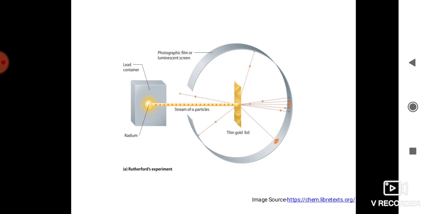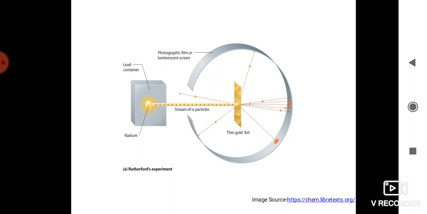Now see the diagram. Here the yellow ray is the stream of alpha particles, and the yellow plate is the thin gold foil. When we bombarded these alpha particles on the gold foil, we can observe that many of the alpha particles go straight through. It means that most of the space of the atom is hollow.